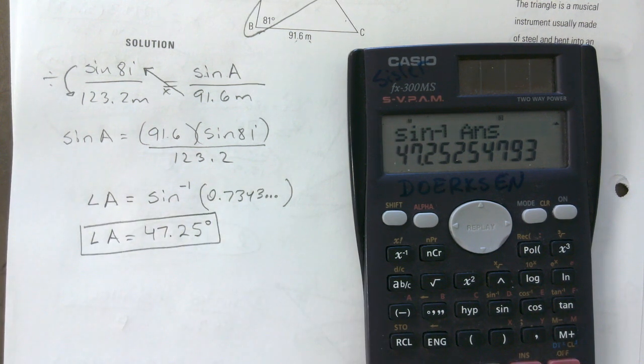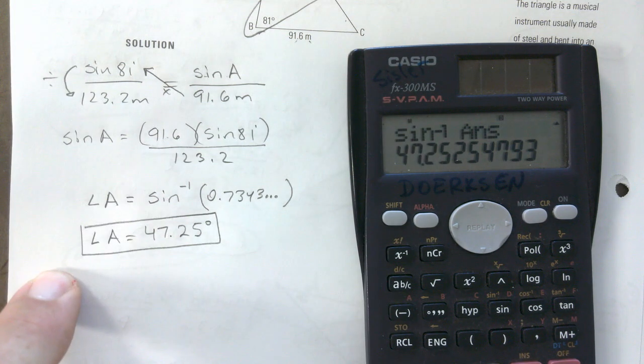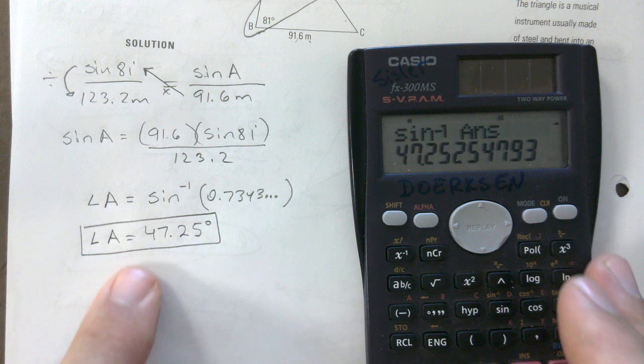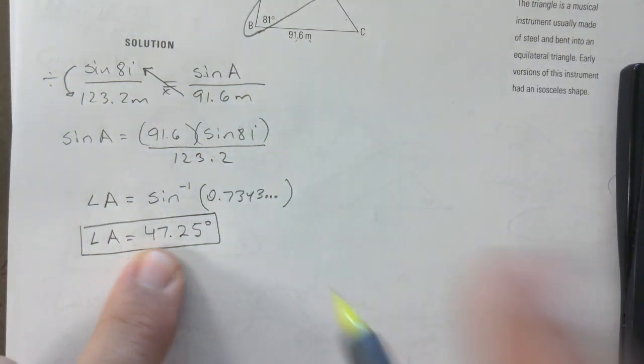So sides take 3 lines, angles take 4 lines. If you need to remind yourself how to do this, take up a section on your study sheet and tell yourself this is how you do it.